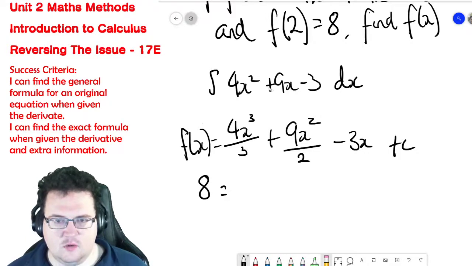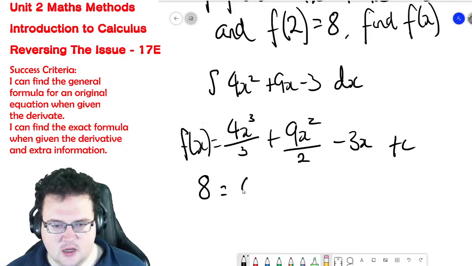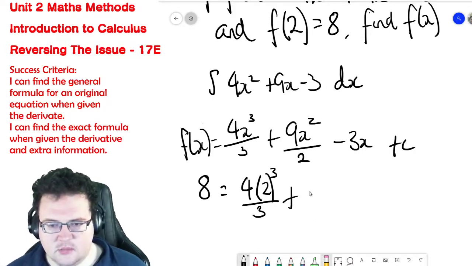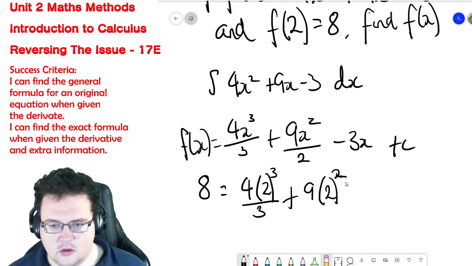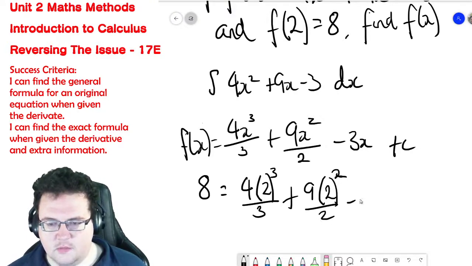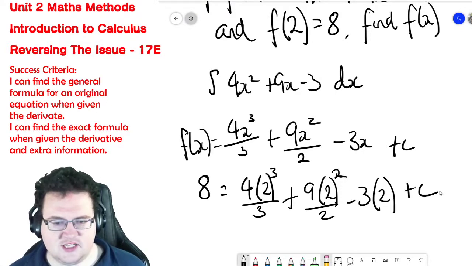8 equals f of 2, which means it's going to be 4 times 2 cubed over 3 plus 9 times 2 squared over 2 minus 3 times 2 plus c.